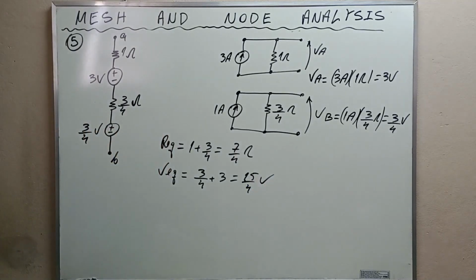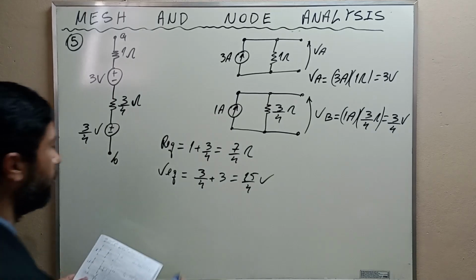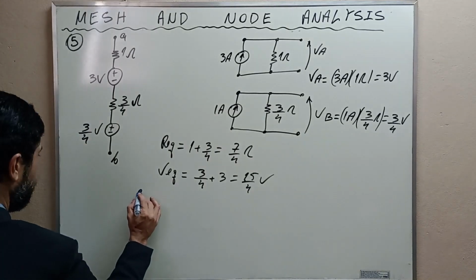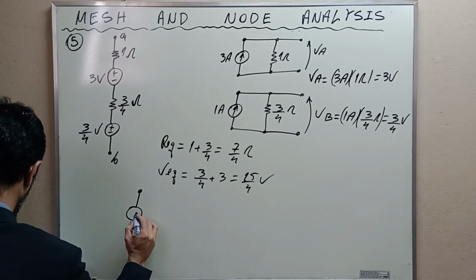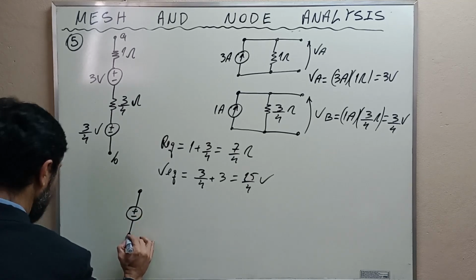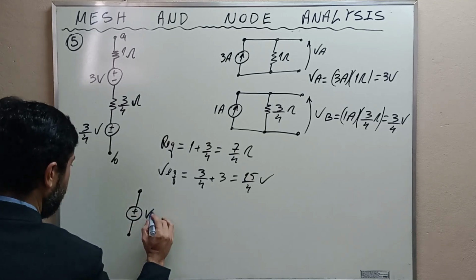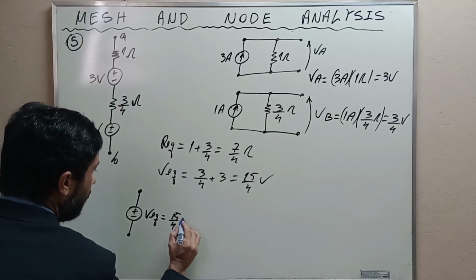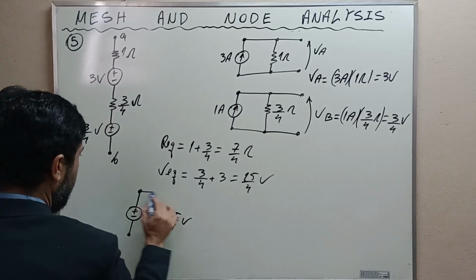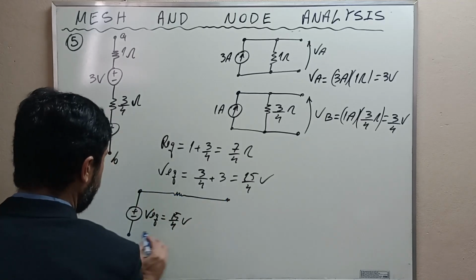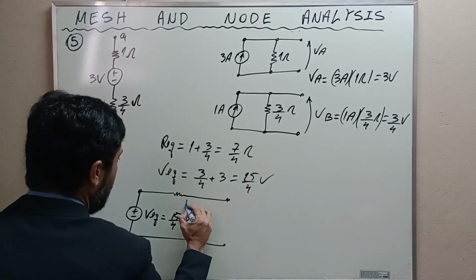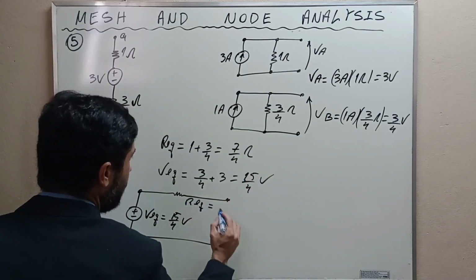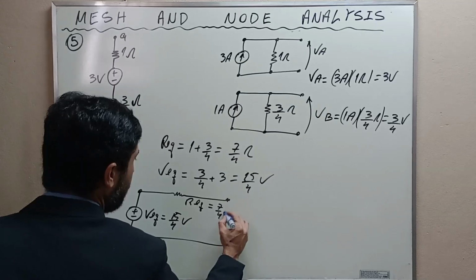Okay, then the final circuit is this, plus minus V equivalent, which is equal to 15/4 volts, and this is R equivalent, which is equal to 7/4 ohms.